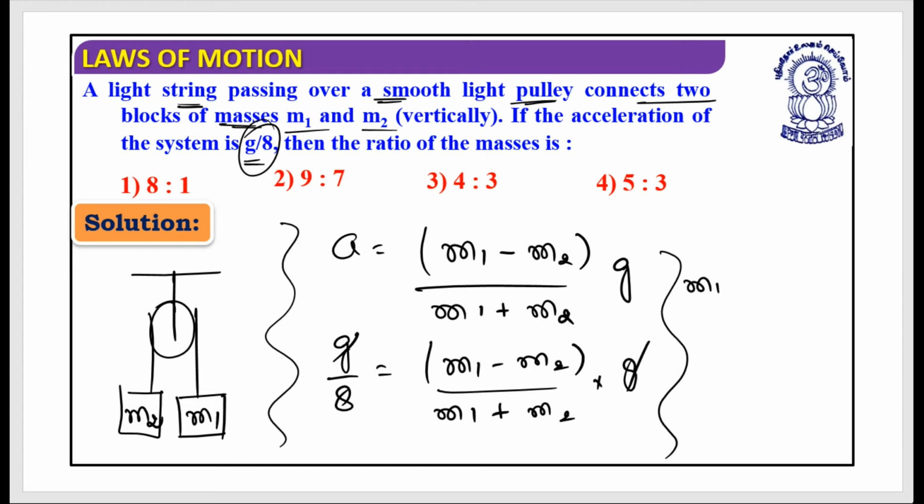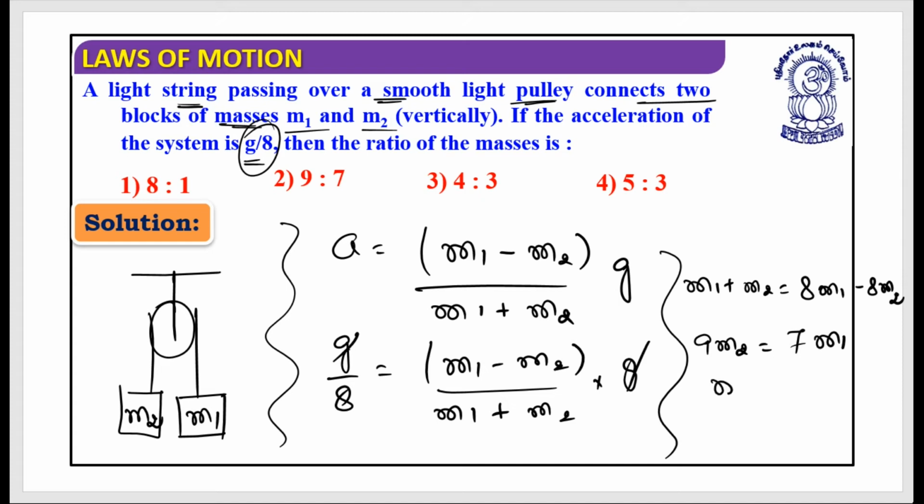I will be left with m1 plus m2 equals 8m1 minus 8m2. I hope this is clear. So m2 plus 8m2, which is 9m2, equals 8m1 minus m1, which is 7m1.